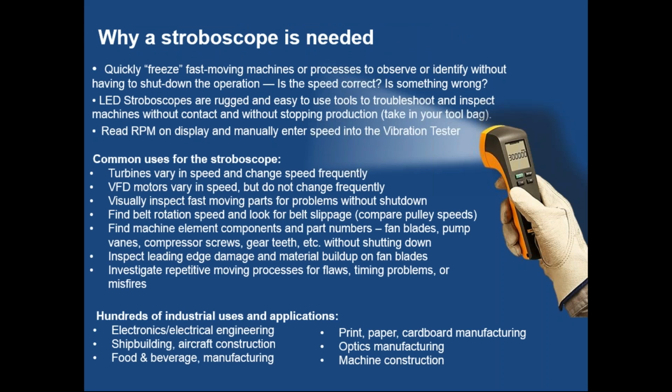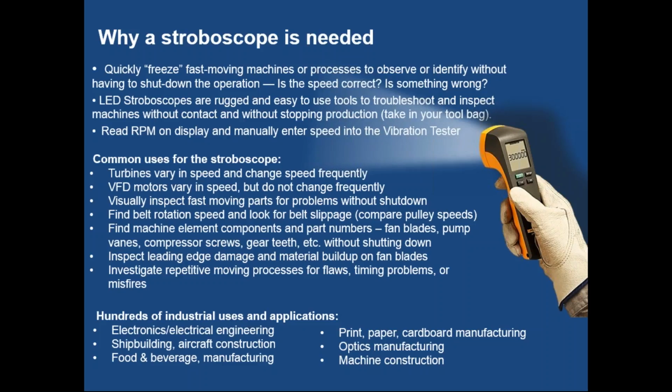Okay, so why is a stroboscope used? Well, we kind of talked about a couple reasons why. You can use it to find the speed of a machine, and it allows us to do it without having to contact the machine, and also without having to use a reflective tape. There are other uses for a stroboscope. You can find the different speeds in bottling lines.